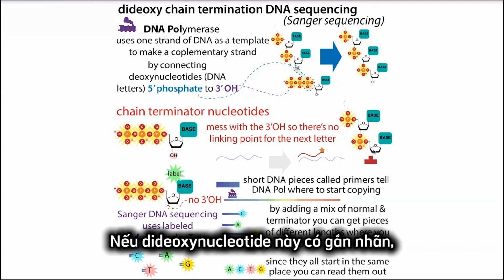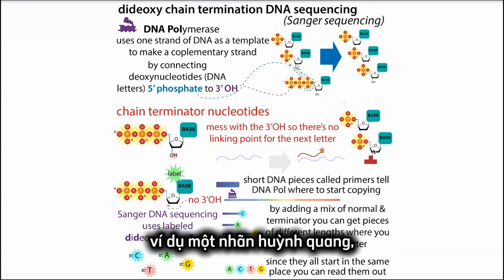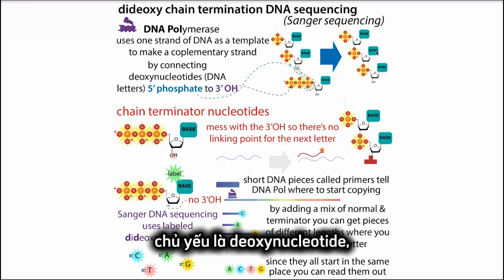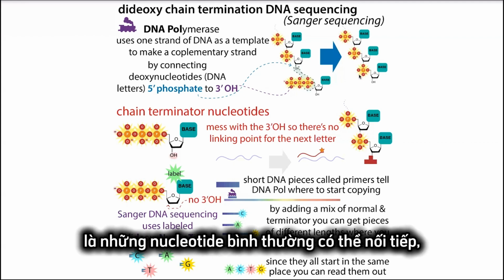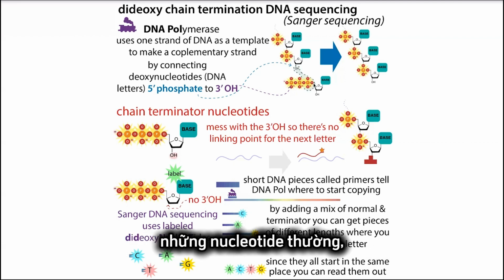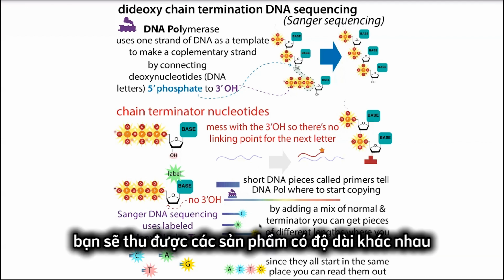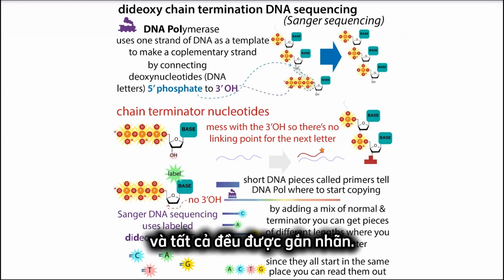And if you have a dideoxynucleotide that has a label on it, like a fluorescent label, now when you terminate the chain, you're also going to be labeling the DNA. And if you put in your reaction mostly deoxynucleotides, so mostly normal ones that can link up, but then also some of these labeled dideoxynucleotides, you'll basically get products of different lengths that are labeled.